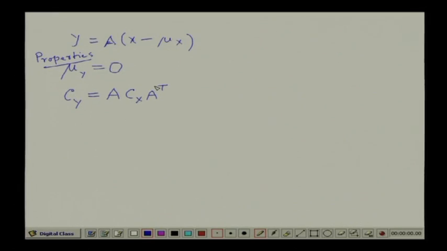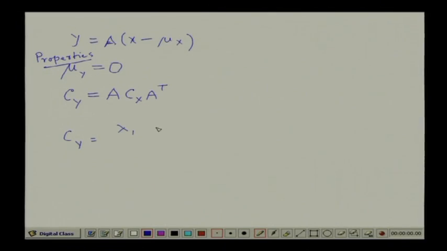Not only that, this covariance matrix C y is a diagonal matrix whose elements along the main diagonal are the eigenvalues of C x. So, C y will be of the form lambda 1 0 0, then 0 lambda 2 0, and it continues like this, finally ending with 0 0 0 and lambda n.